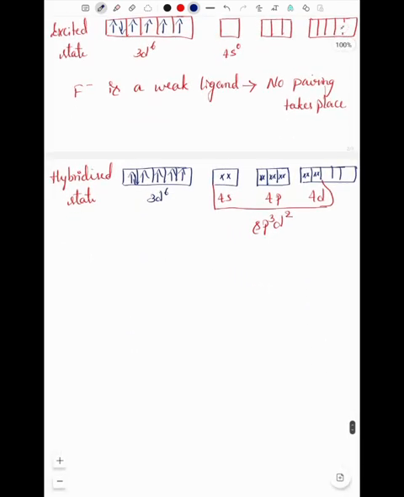Now let us analyze what are the remaining points we can understand from this hybridization. First is geometry. Geometry of the complex is octahedral, right? And next is hybridization. What is the hybridization of the complex? Just now we understood that it is sp3d2 hybridization.